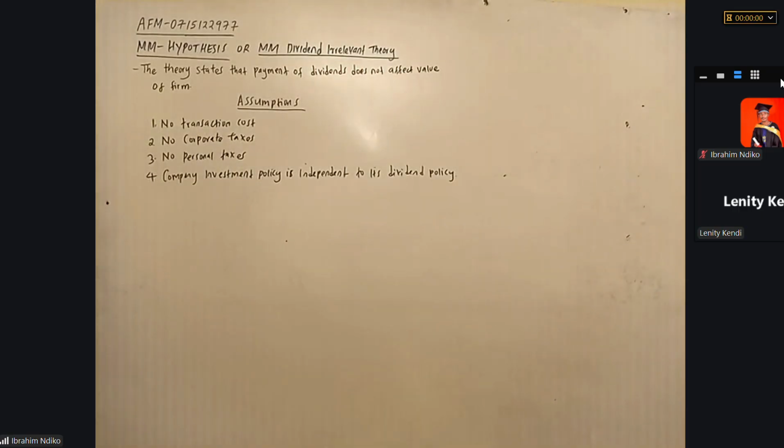Hii inamaanishaje? Inamaanisha that the investment of the firm is not affected by the dividend policy, sivyo? Or the dividend policy does not affect the investment policy of the firm.